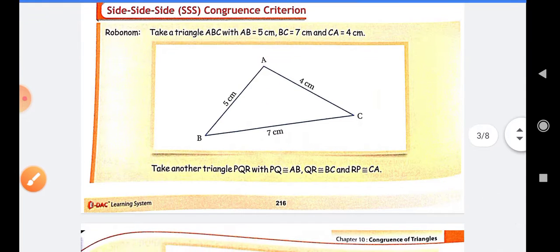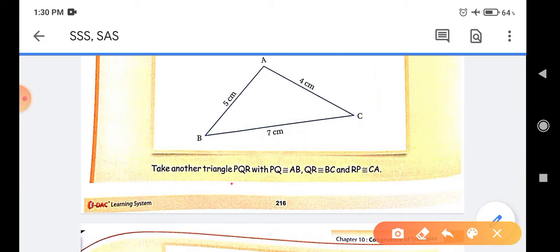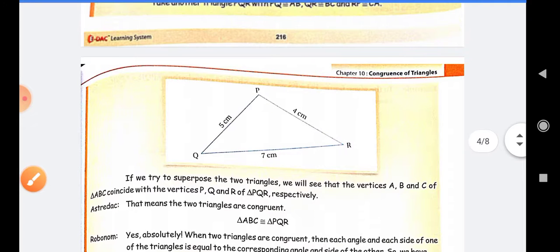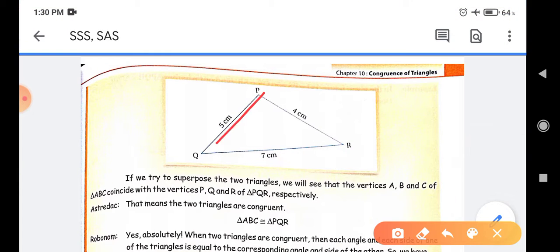And take another triangle PQR with PQ congruent to AB, QR congruent to BC and RP congruent to CA. We have to take one more triangle PQR so that these sides are congruent to AB, BC and CA respectively.